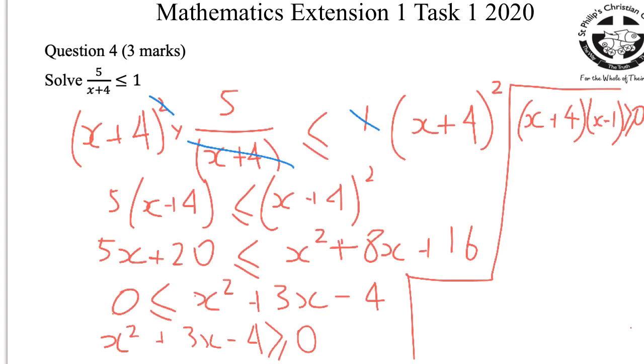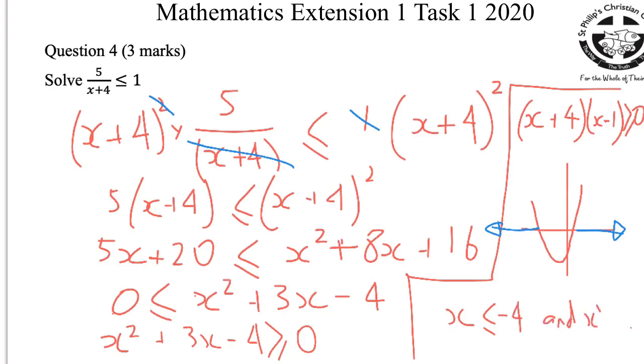Now, when I graph that one, it's -4 and +1, but this time it's an outie solution. It's an outsider. I'm looking for this direction and this direction. For the solution here, we end up with x is less than -4 and x is greater than or equal to 1.